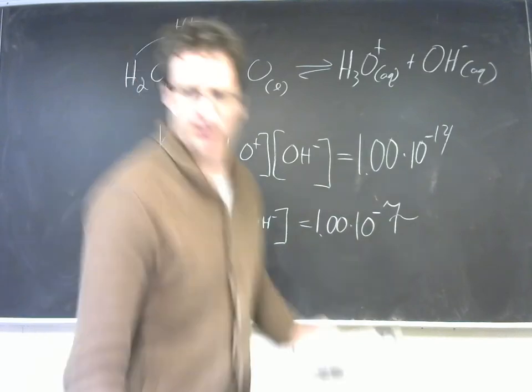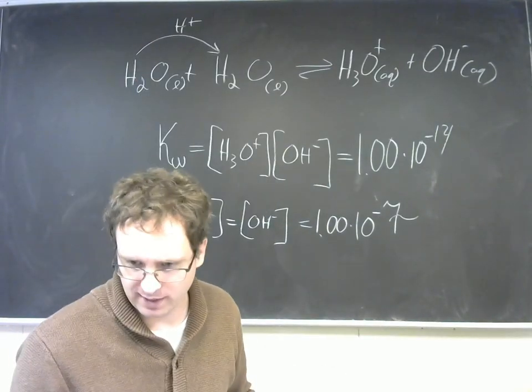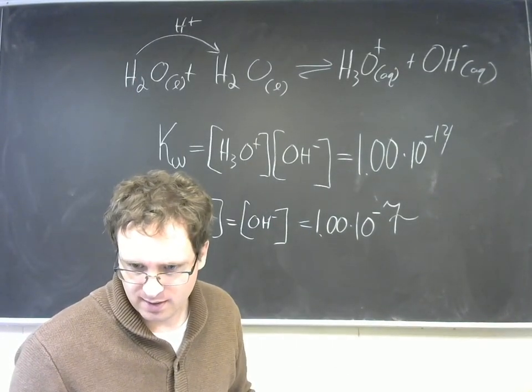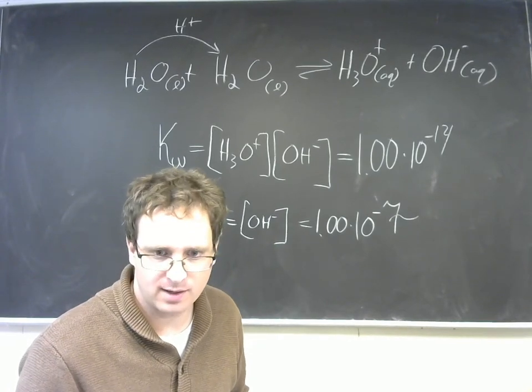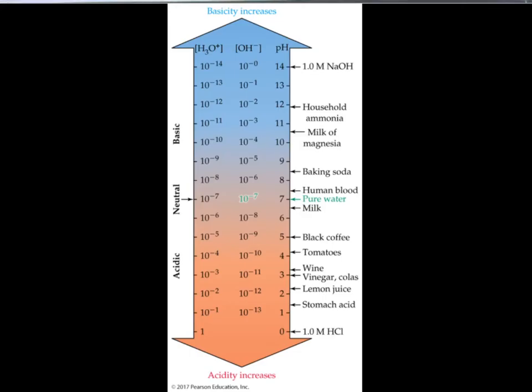And at this point, I want to go back to a figure we were looking at earlier today. Okay, so this is back to figure 10.1, and you'll notice here that if you look at the concentrations of H3O plus and OH minus, then their product will always equal 10 to the negative 14th.